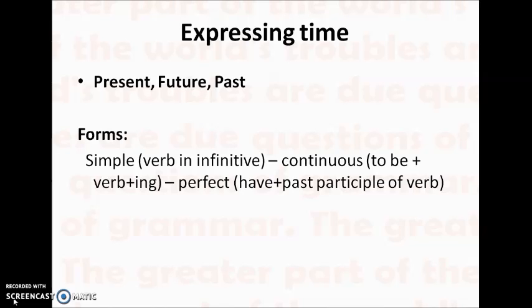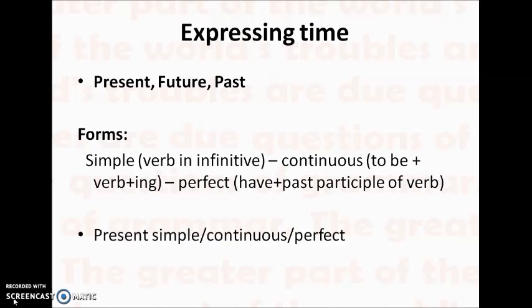This is the most basic one. Then the continuous form, in which we use to be plus verb with suffix ing, and the perfect form, which consists of have plus past participle of a verb.